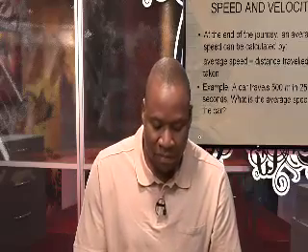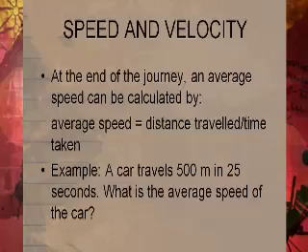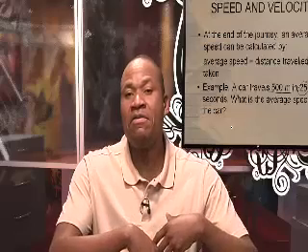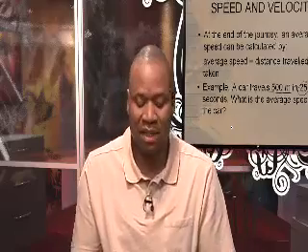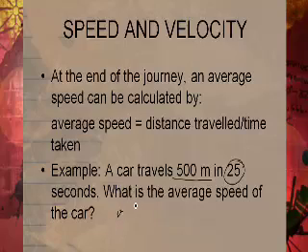Now, for example, here we have a car traveling 500 meters in 25 seconds. What is the average speed? So we're taking only the final distance covered by this object. We'll say that average speed will be equal to the distance covered divided by the time it took to cover that distance.